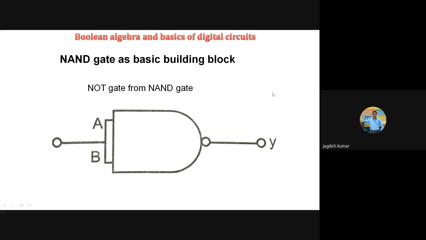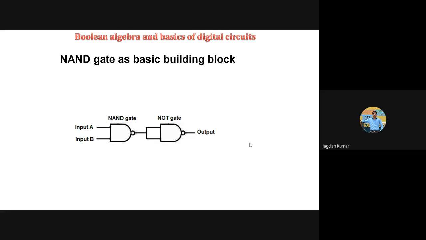So it's similar to a NOT gate. Similarly, whenever X is 1, both A and B are 1, the output of the AND gate will be 1, and the output of the NAND gate will be 0.